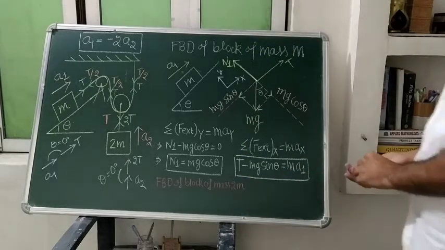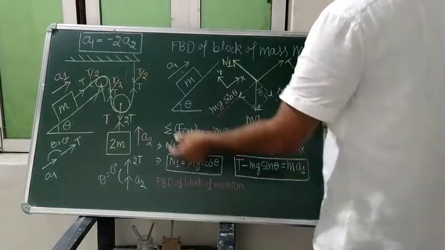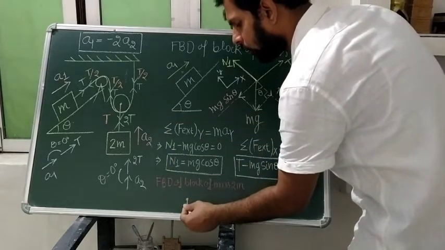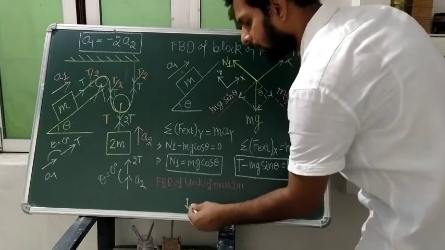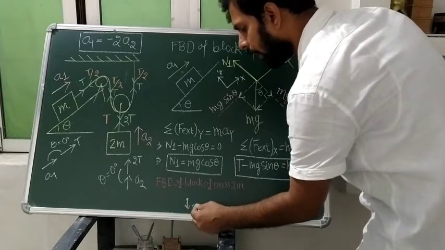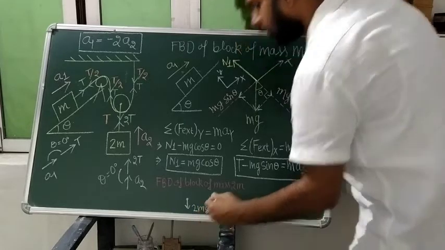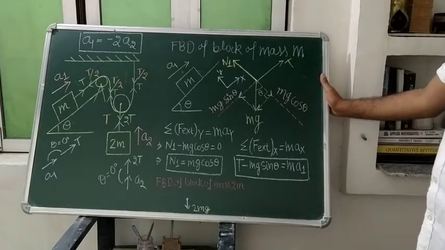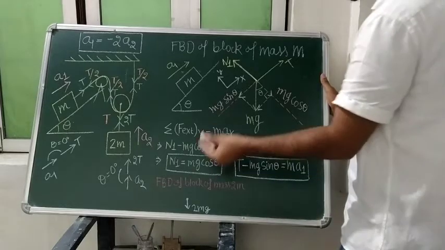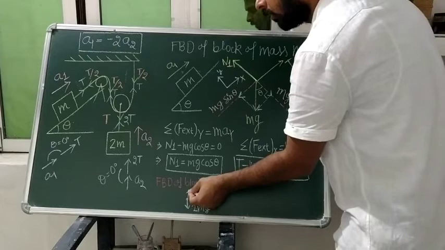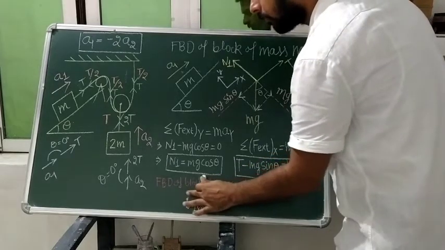Okay, so you are looking that the force due to gravity is going to act in the downward side. That is 2 mg here. And the tension is acting upside, and that tension is equal to 2T.